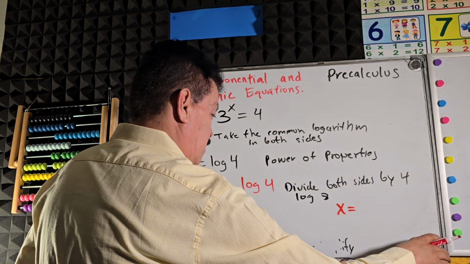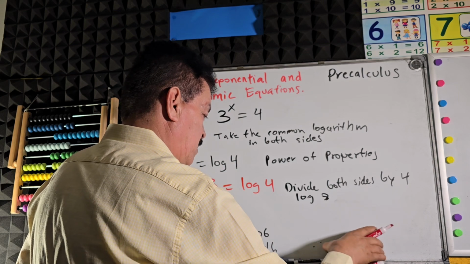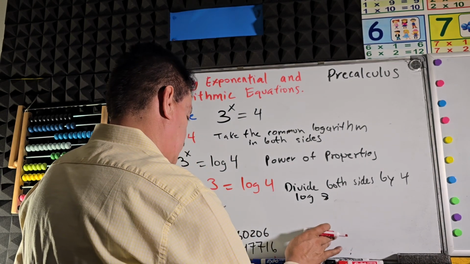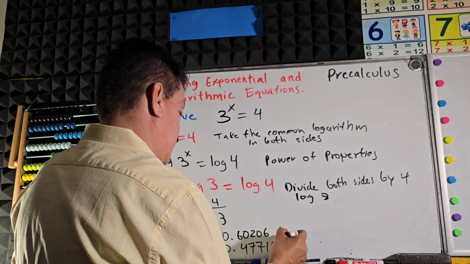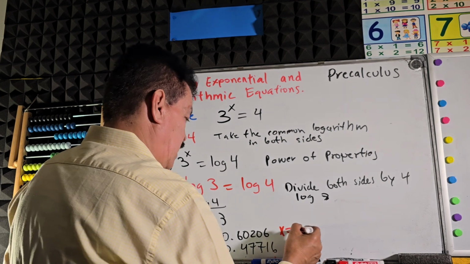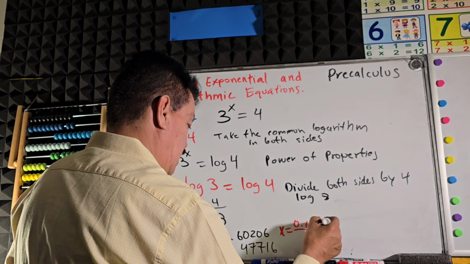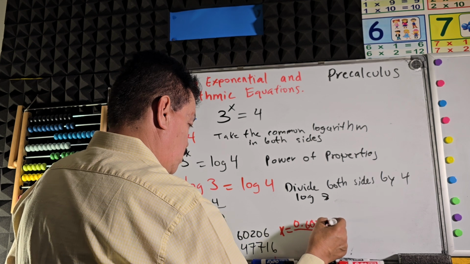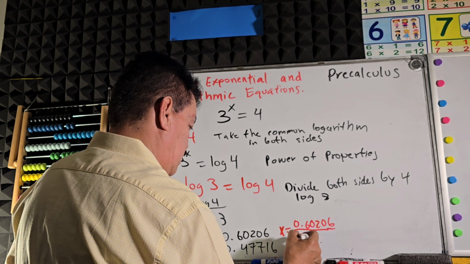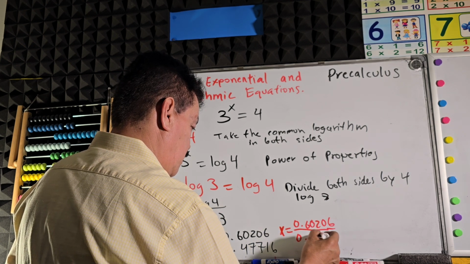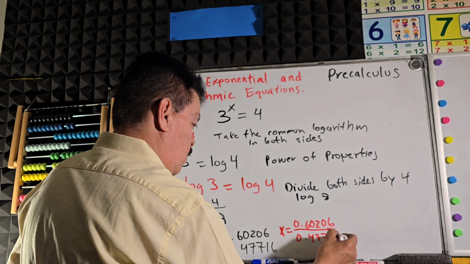Let's write it. x equals 0.6206 divided by 0.47716.